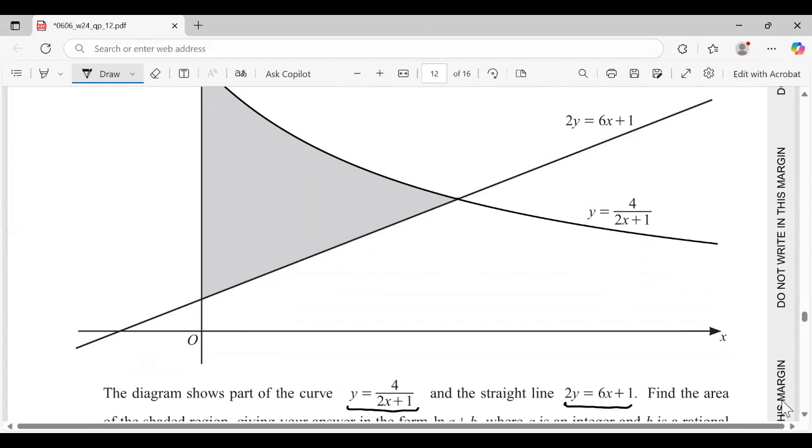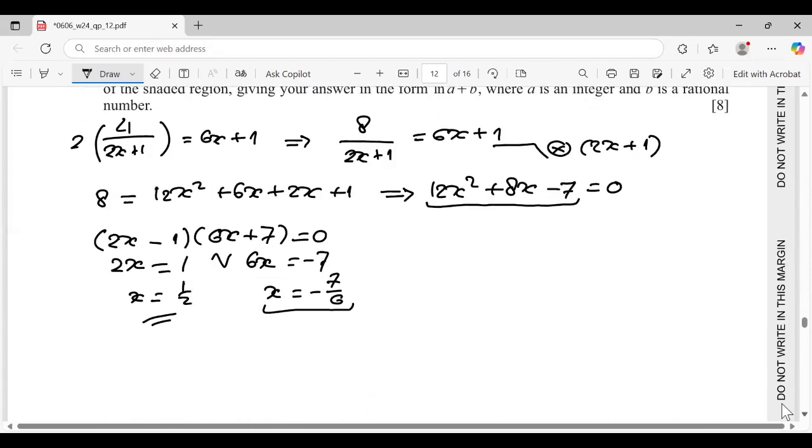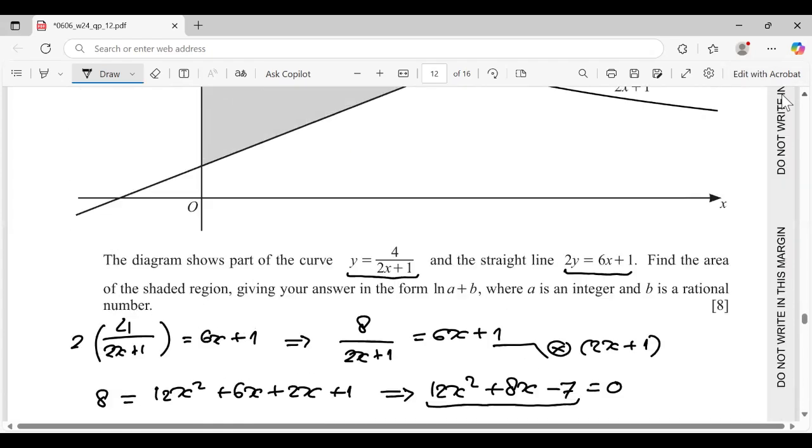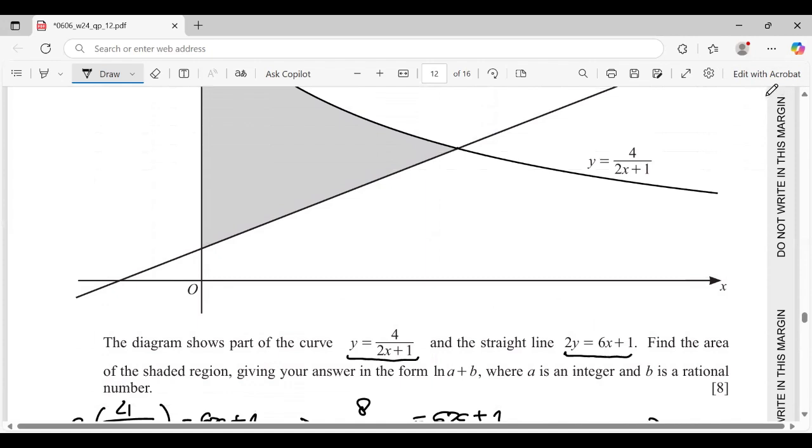So we just accept x equals 1 half. This is 1 half here on the x-axis. Now we're going to find the coordinate point on the y-axis. How much is this one? Let's define it.